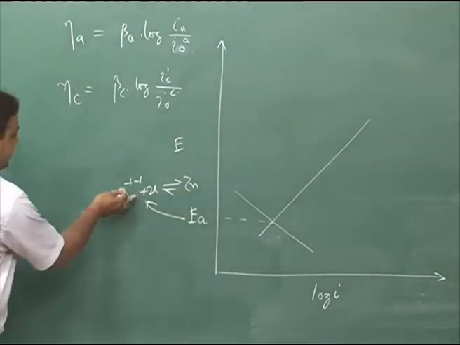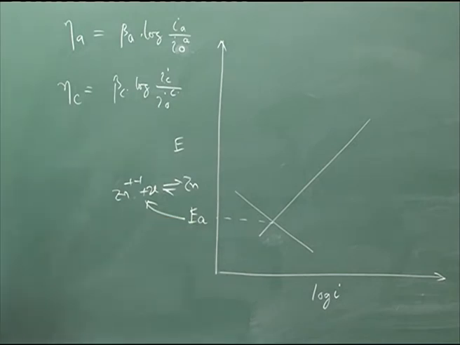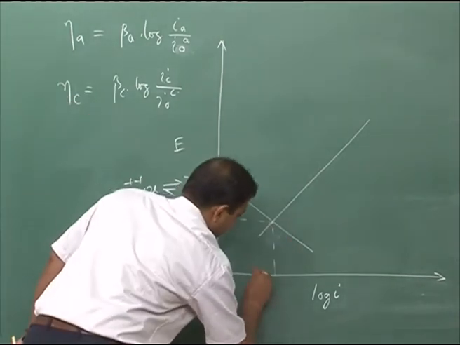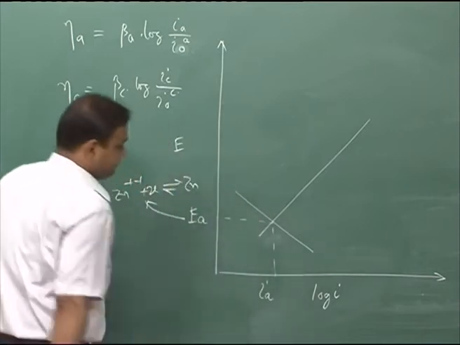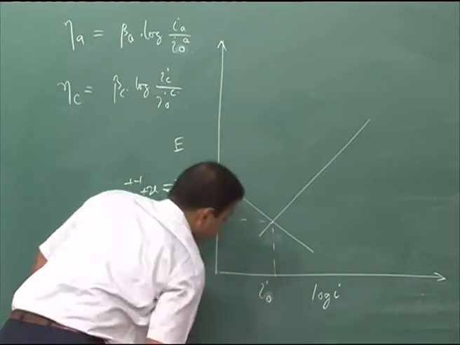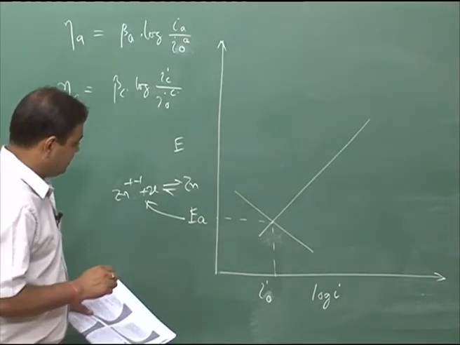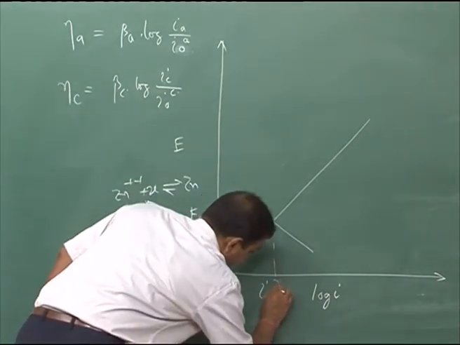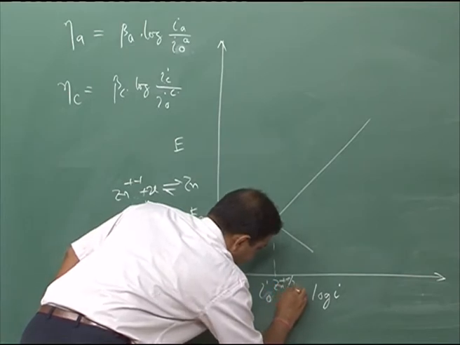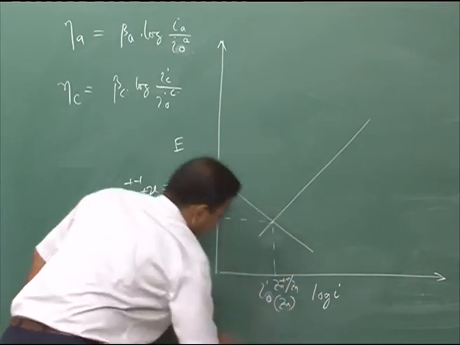For this reaction only this is considered, and this is my I 0 A, which is the anodic exchange current density of zinc to zinc 2 plus on the zinc surface.